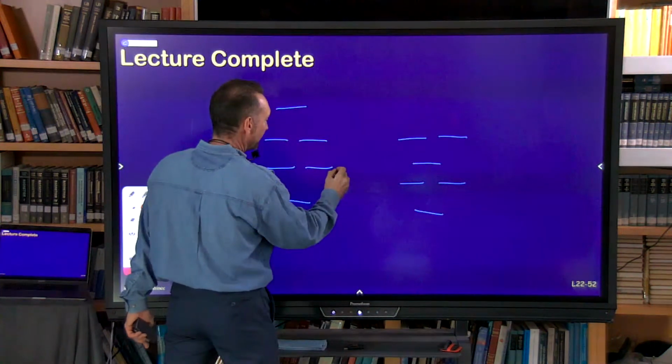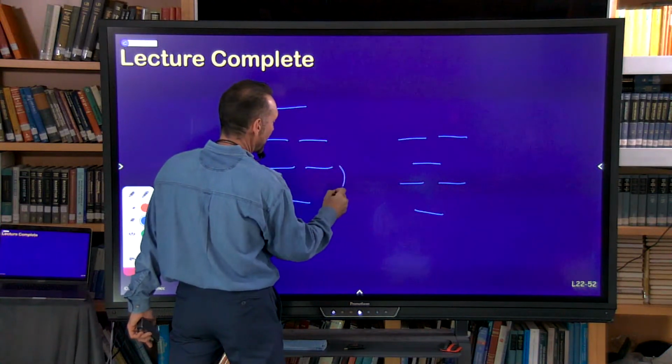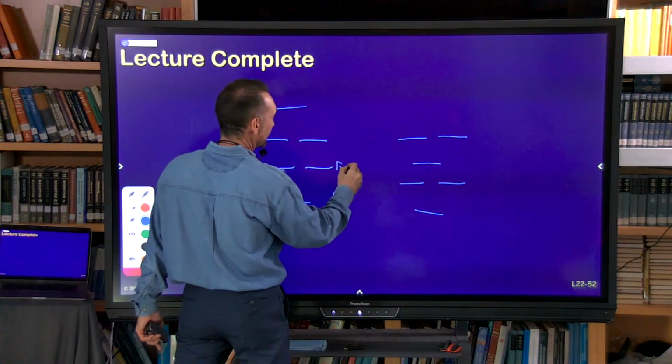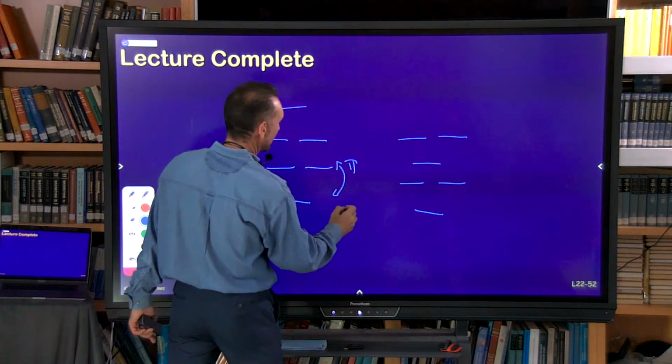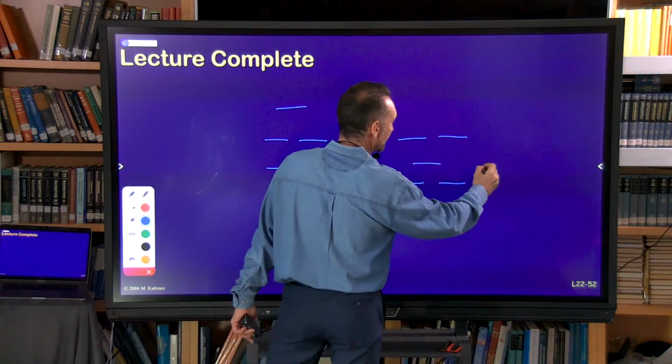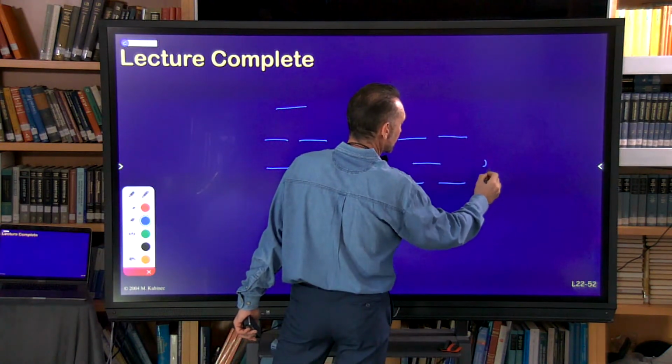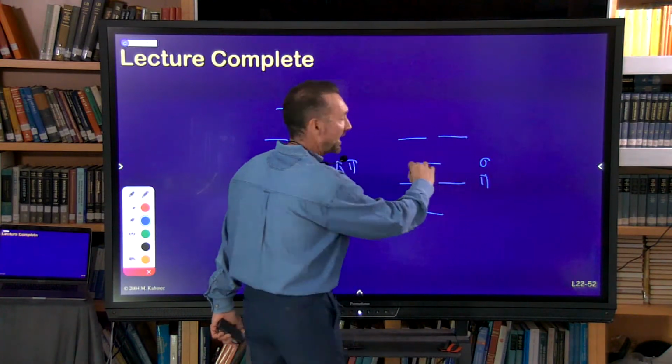So these are pi's and these are sigmas, and there's an interchange of sigma and pi energy levels.